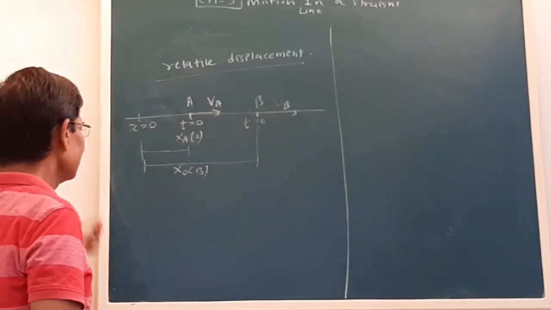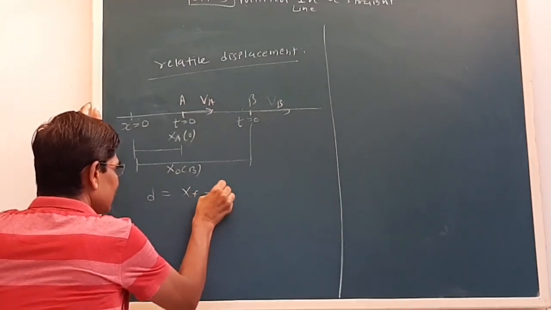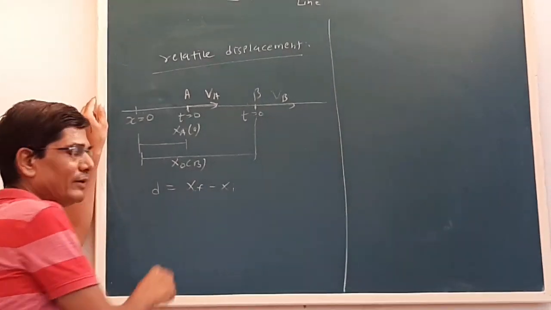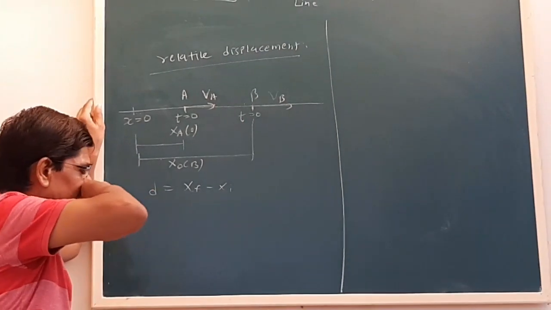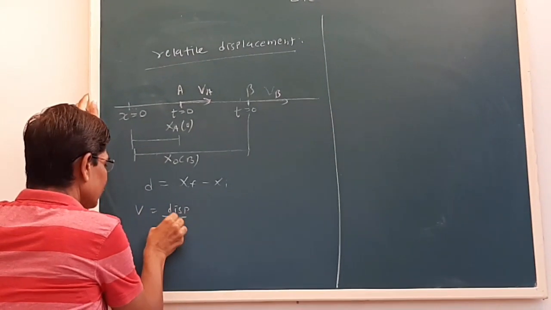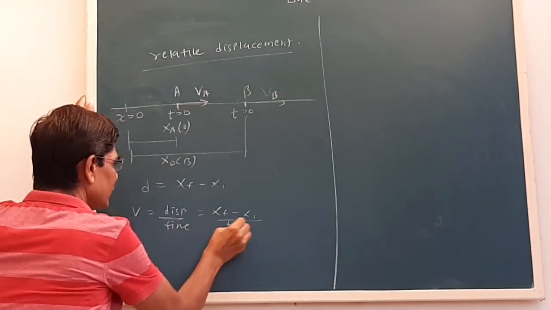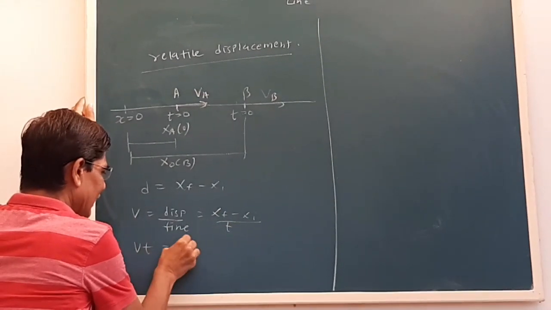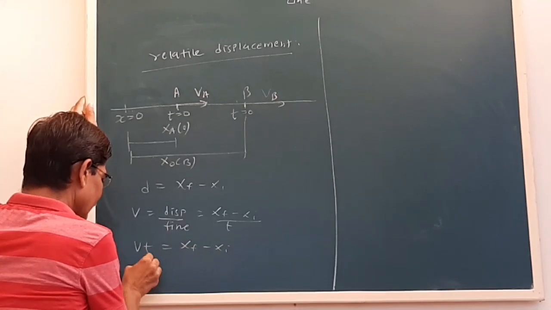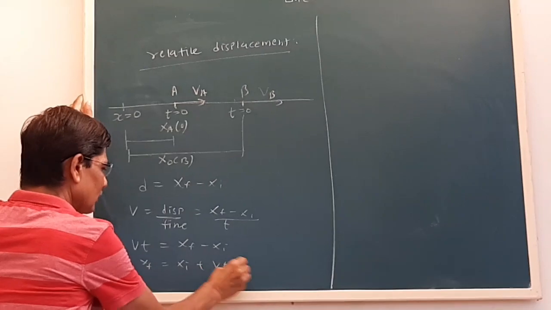Okay. Now, recall the formula of displacement, xf minus xi. See, xf is the final position, xi is the initial position. Now we know velocity is displacement upon time, that is xf minus xi upon t. So we can write vt is xf minus xi, so xf is xi plus v into t.